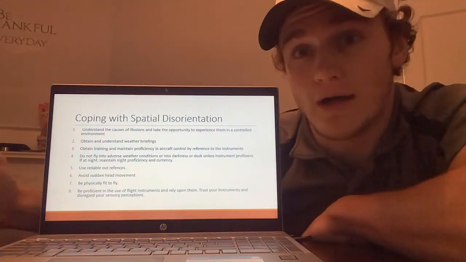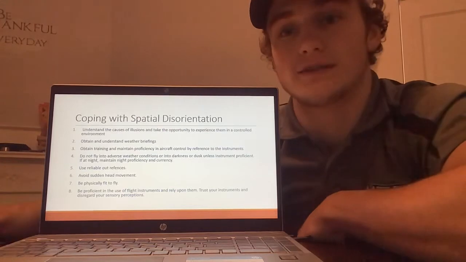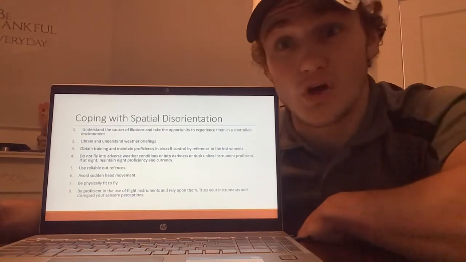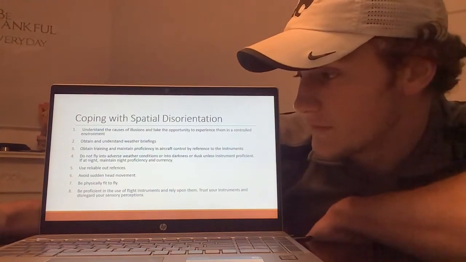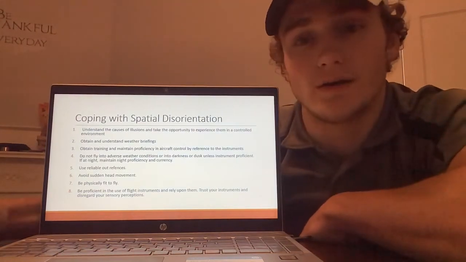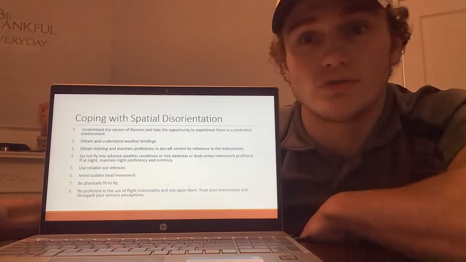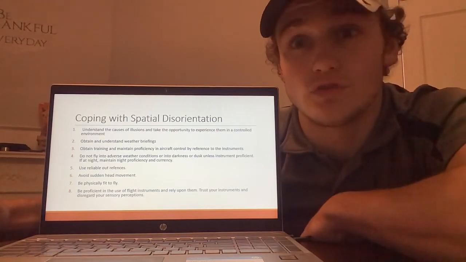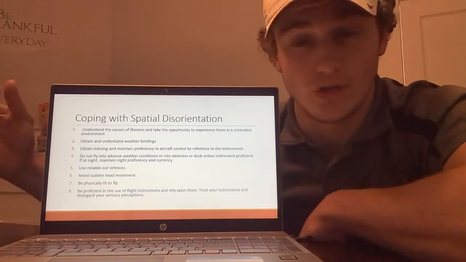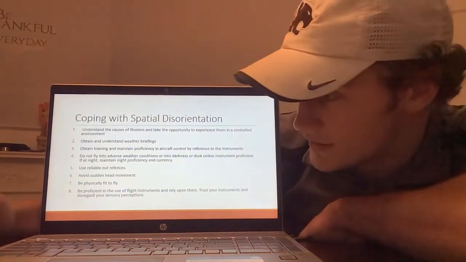Use reliable outside references. If you're flying visually, make sure you know that's the horizon and not a false horizon. Don't use sudden head movements, even if you're trying to look out for collision avoidance. Try to just use your eyes to move and not your head, which will change the fluid inside your inner ear and could cause illusions.